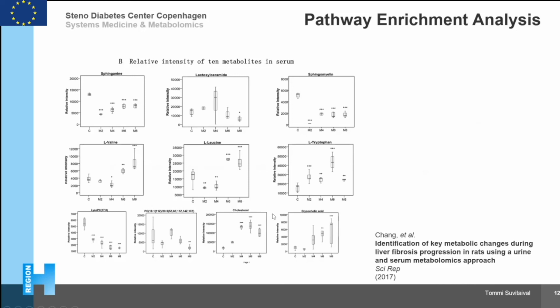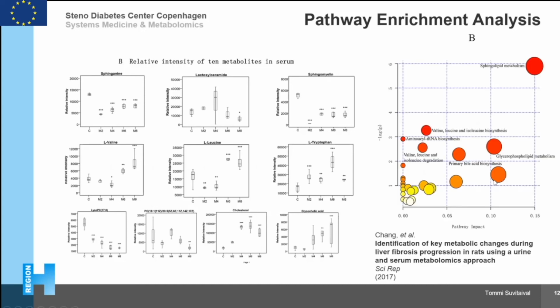And when we bring in this pathway information and do the enrichment analysis, we get a result like this, where each circle is one pathway, and the y-axis shows the significance of that pathway. So we have some valine amino acid pathways changed, as is shown here in these individual metabolites.